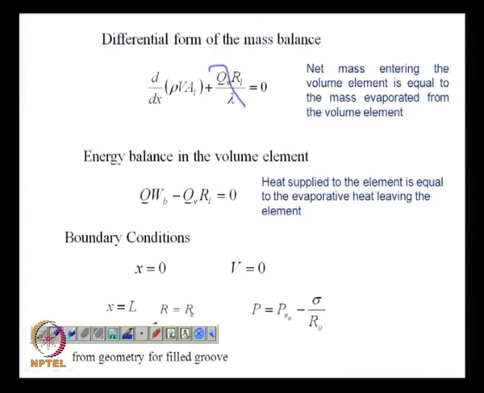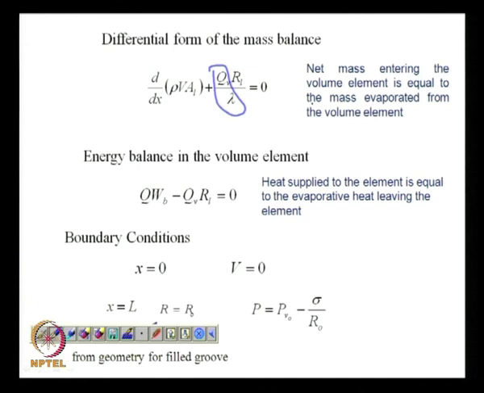Depending on where I am operating, I could have either evaporation or condensation, and thereby I am going to either lose some mass or gain some mass. So, Q_V divided by lambda essentially tells us the mass which is being added or subtracted from the flowing film as a result of heat transfer. So, this is essentially a balance between the net amount of mass which is entering the volume element and the amount which is evaporated or condensed.